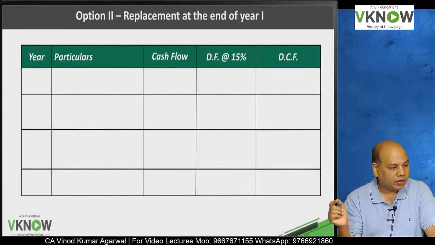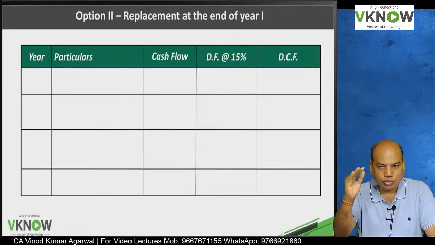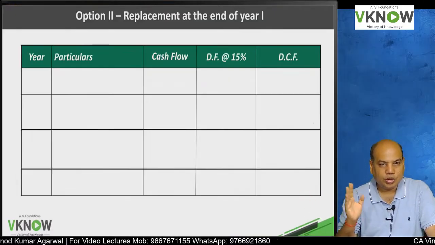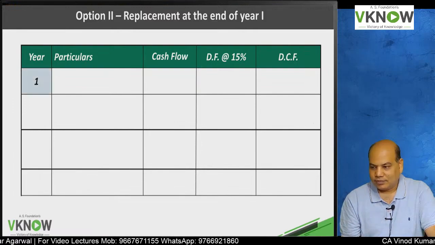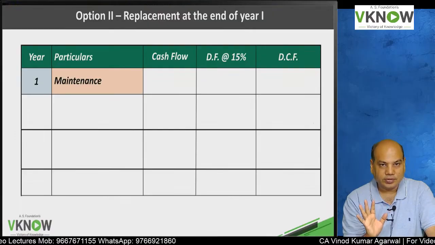Now write down option 2: replace at the end of year 1. Use it for 1 year, then use the new asset for the next 3 years. Write year 1. Draw the format first. Now I am going to first use it for 1 year.